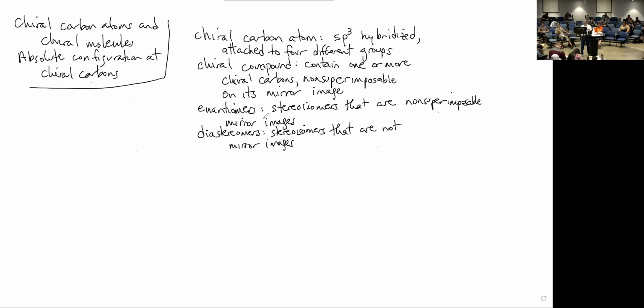And actually, this word diastereomers can be used to describe, for example, cis and trans alkenes. That's not wrong. You can call cis-2-butene and trans-2-butene diastereomers. It seems a little weird and old-fashioned, but it's correct. You can use the term that way. We're going to talk about another type of diastereomers, though, also. And we'll find that they're a different animal from enantiomers.